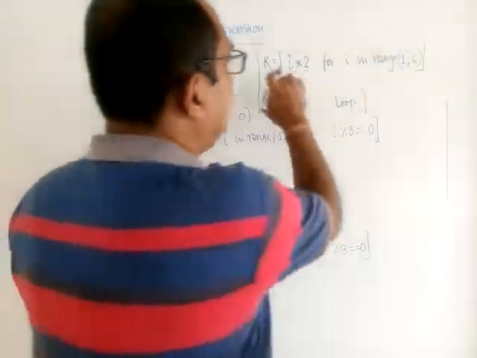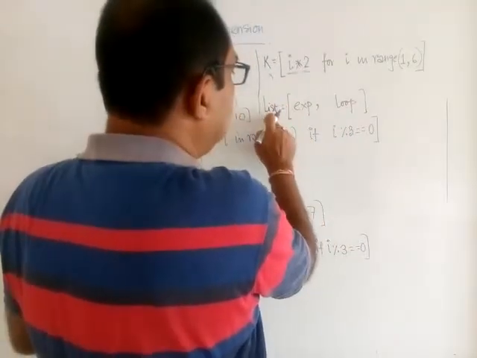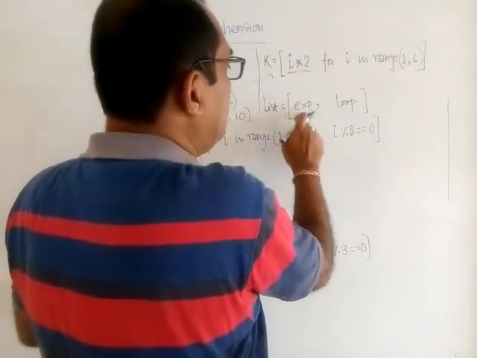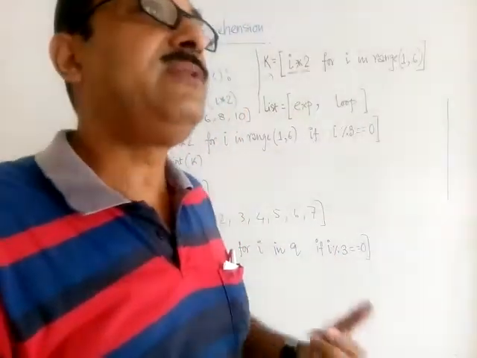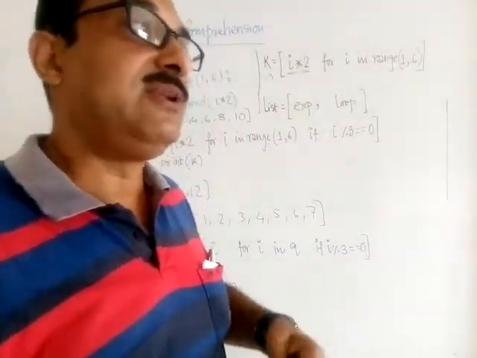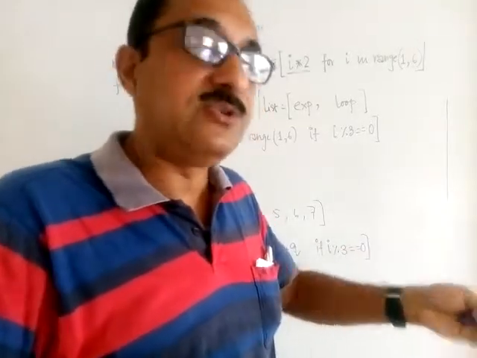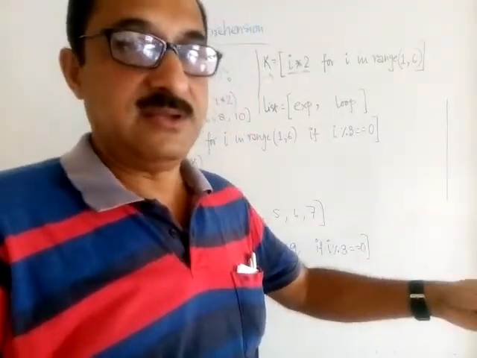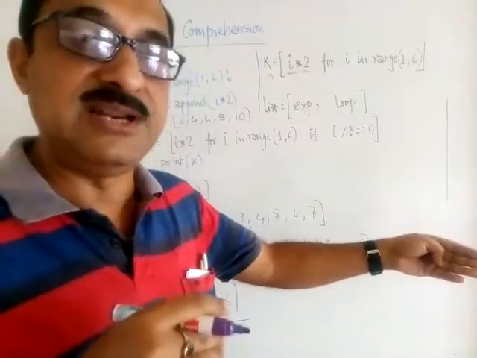Okay, that means if we write the syntax, the format of it, it looks like k equal to, first comes the expression and then comes the loop. Loop you have to take because obviously we are talking about storing multiple numbers which will be in a particular sequence. Okay, we are not talking about random elements which are to be stored in a list.